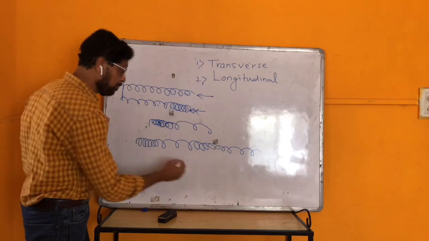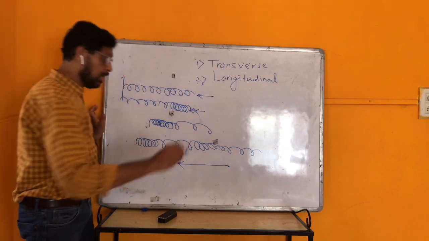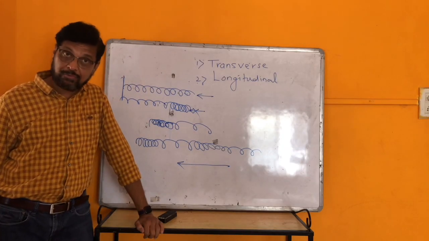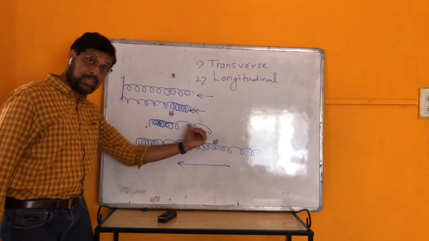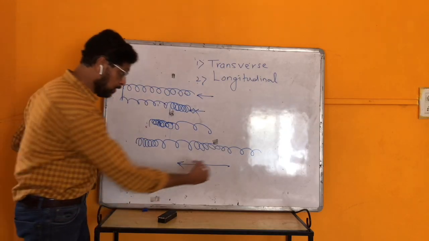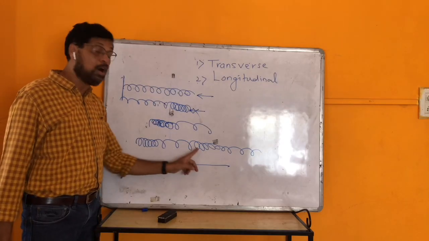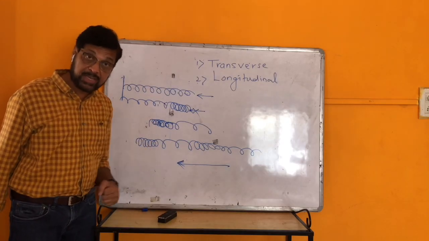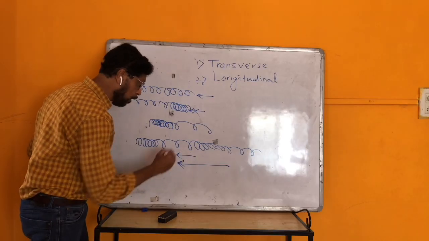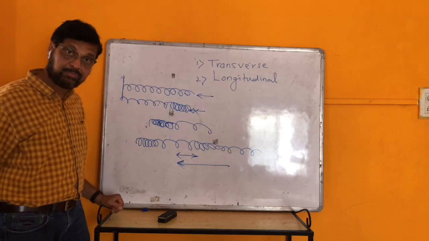So here, this is the direction of propagation of wave. The disturbance started from here and traveled in this direction. So this is the direction of propagation of wave. And the particles of the medium, the spring here, are either moving forward or backward.